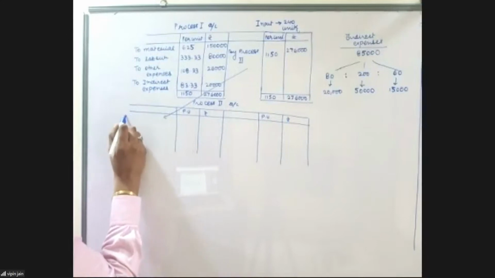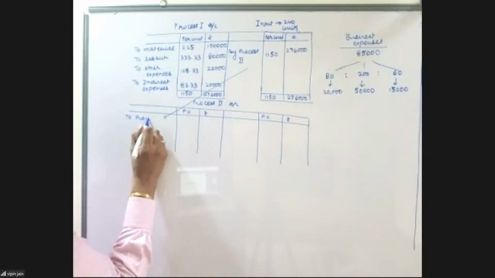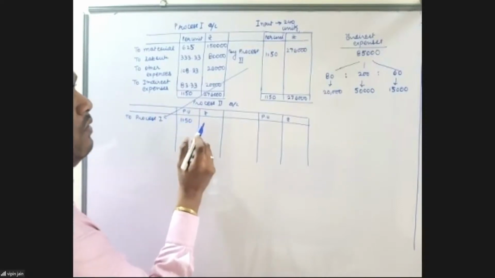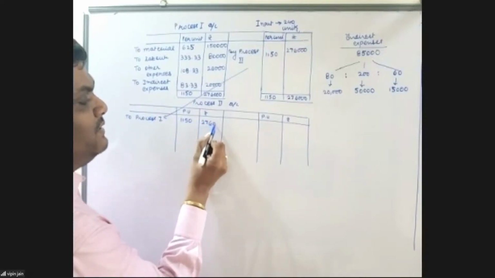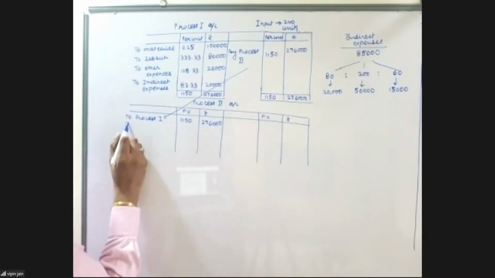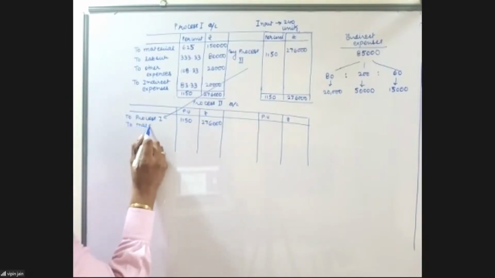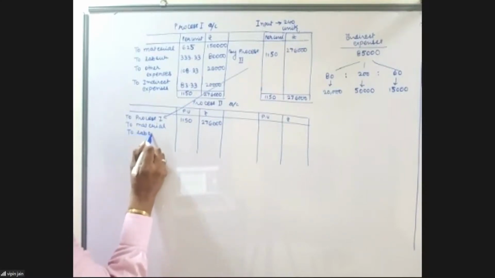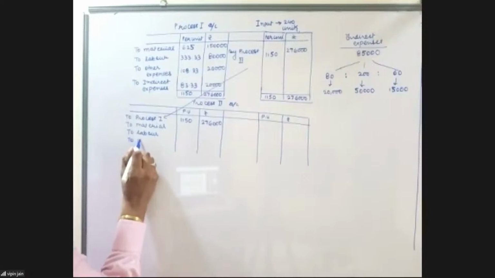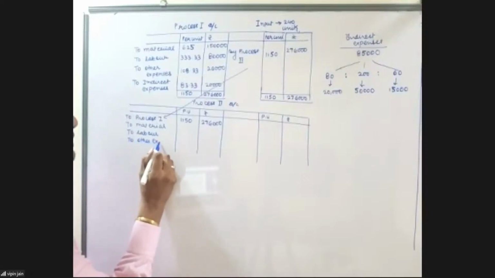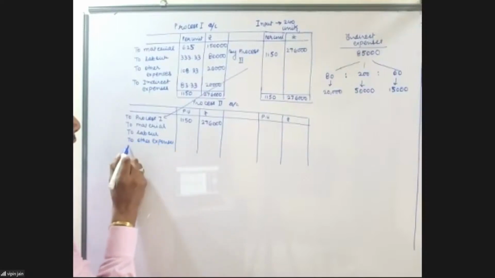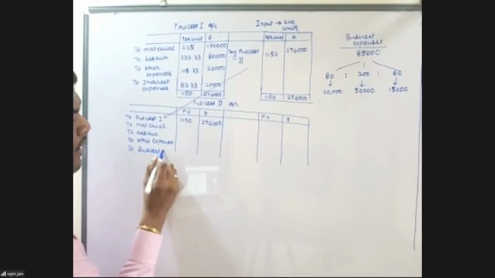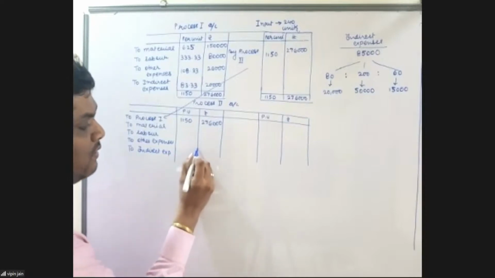So to process first, that is 1150 and 2,76,000. Thereafter, to material, to labor, to other expenses, and to indirect expenses.